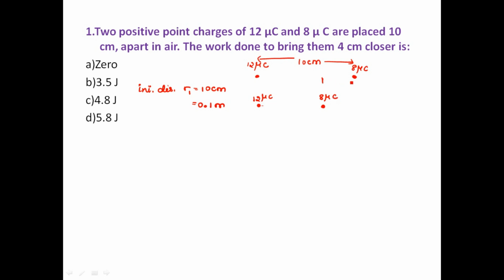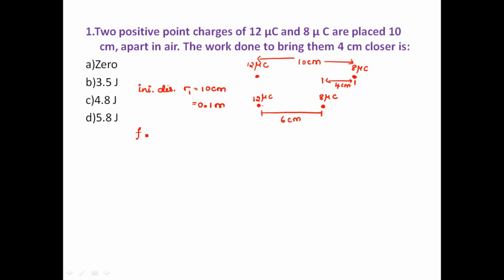The distance between them will be 10 minus 4, that is 6 centimeter. Why? Because the charges are now 4 centimeter closer. That made the new distance between those two charges 6 centimeter.